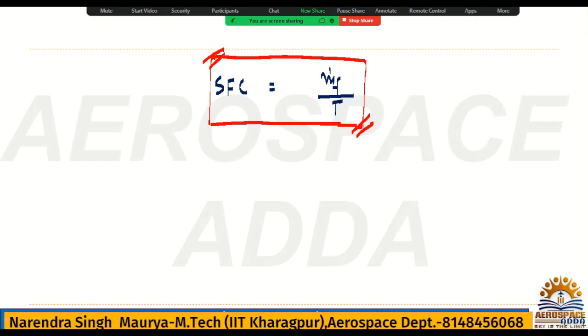It will be used for ramjet engine, turbojet engine, turbofan engine, and the next is power based engines like turboprop and piston propeller engines. For that you can use PSFC, power specific fuel consumption, or in a few books you may get BSFC, brake specific fuel consumption. That formula will be m dot f divided by P, which is shaft power. All right.